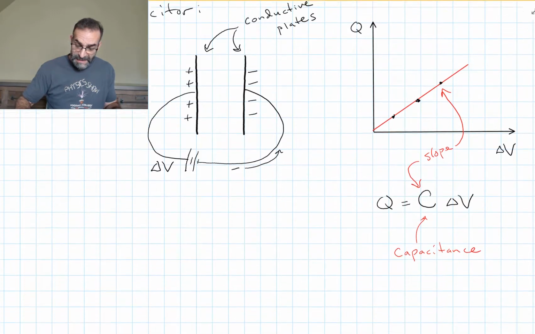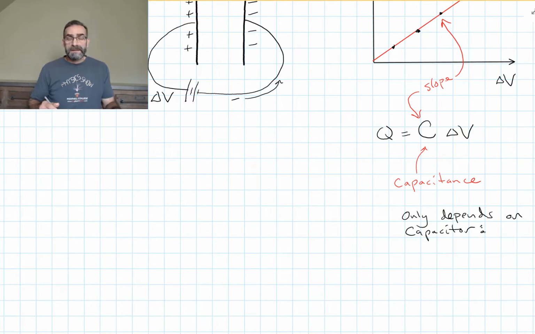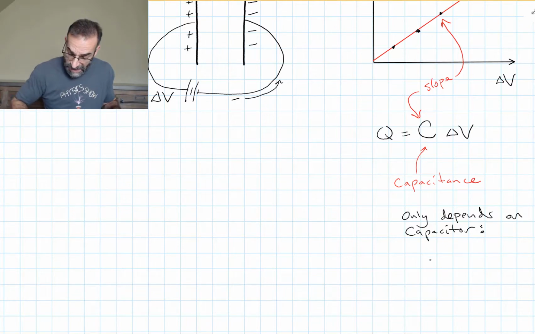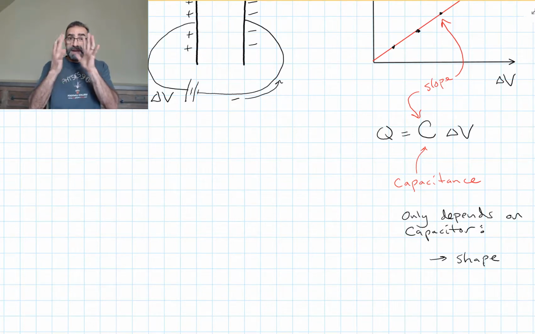What would the capacitance depend on? The capacitance only depends on the capacitor, the physical characteristics of the capacitor. Things like the shape. How are those conductive plates configured? Are they two parallel plates next to each other?